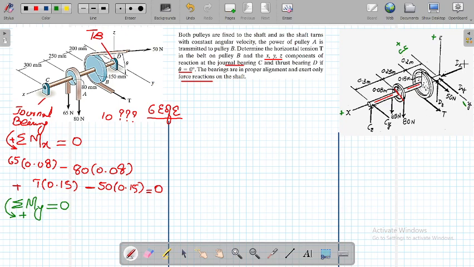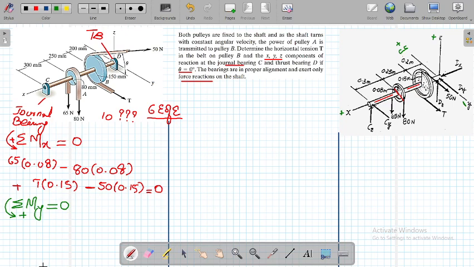Dx, Dy, Dz have no moment as they are passing through the y-axis, so they will be nullified. This Cy is also along the y-axis, so there will be no moment. So you will be left with this 65 Newton force, 80 Newton force and this Cz force to calculate the moment about the y-axis.